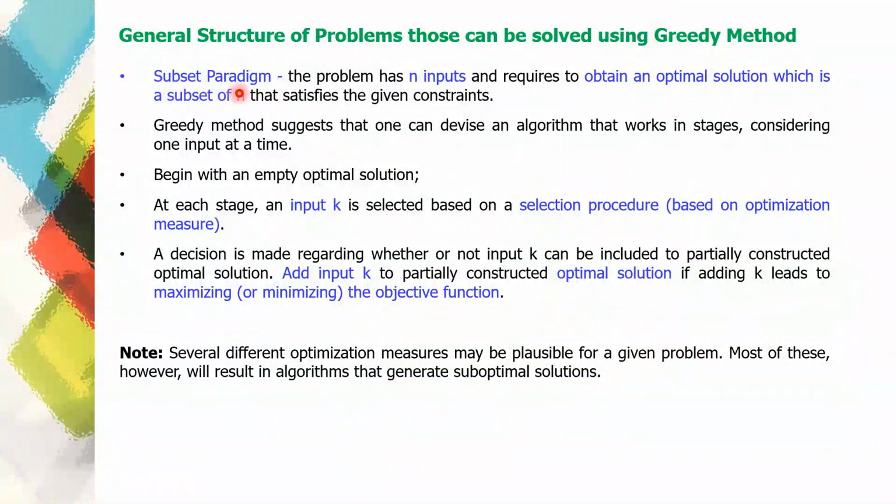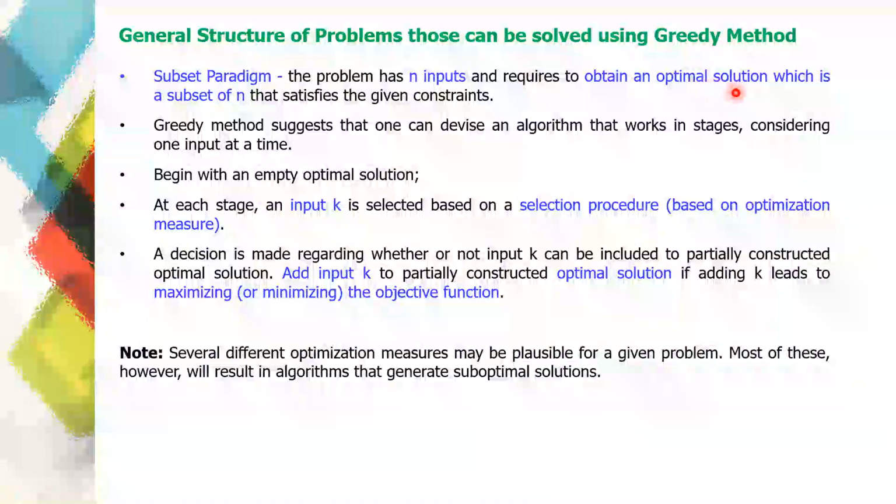So the subset greedy paradigm, the approach goes like this. The problem has n inputs. So you are given a problem with n inputs, and you are required to apply the greedy approach and obtain an optimal solution.